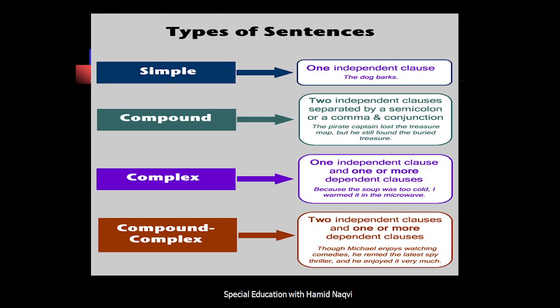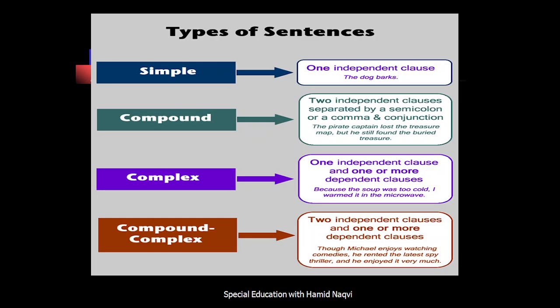Then the second type is compound sentences. In this type of sentence, 2 independent clauses are separated by a semicolon or a comma or a conjunction. An example is: the pirate captain lost the treasure map, but he still found the buried treasure.